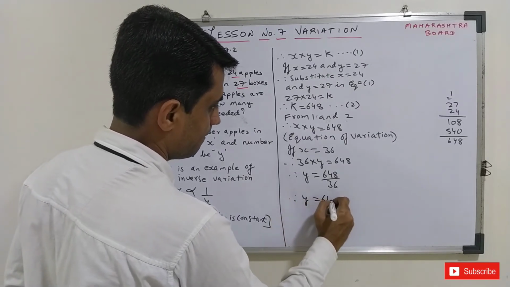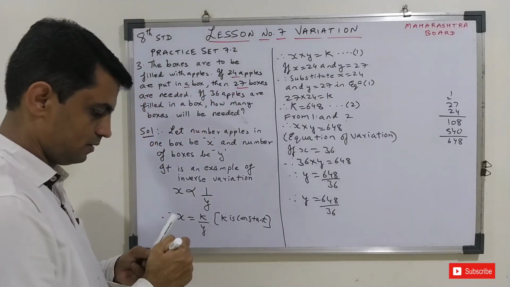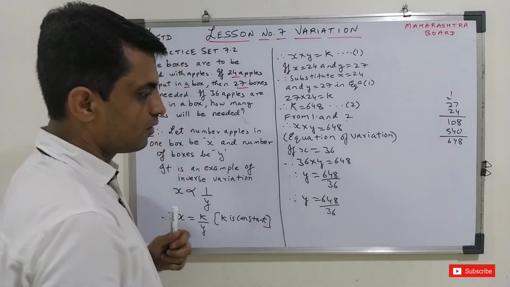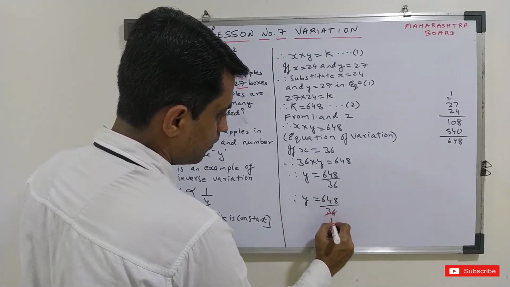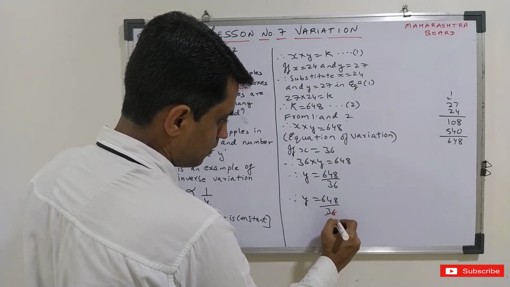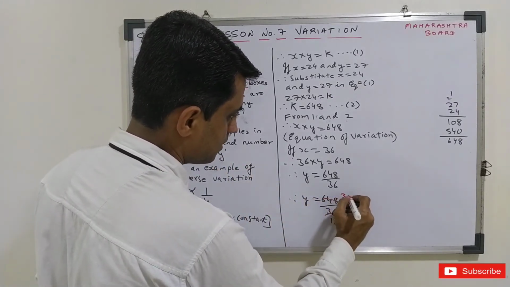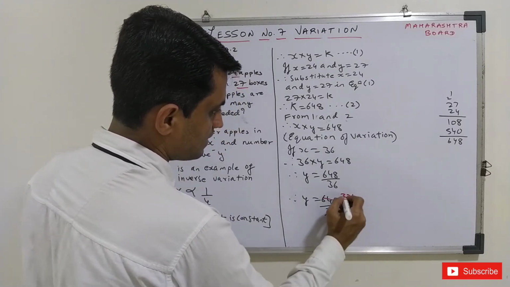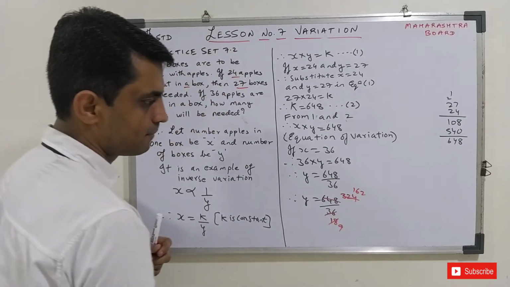Let us divide. What should we take? Let us start with 2. 2 ones are 2. 2 eights are 16. 2 threes are 6. 2 twos are 4. 2 fours are 8. 2 nines are 18. 2 ones are 2. 2 sixes are 12. 2 twos are 4.